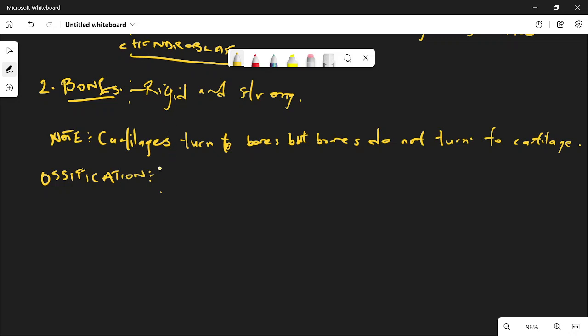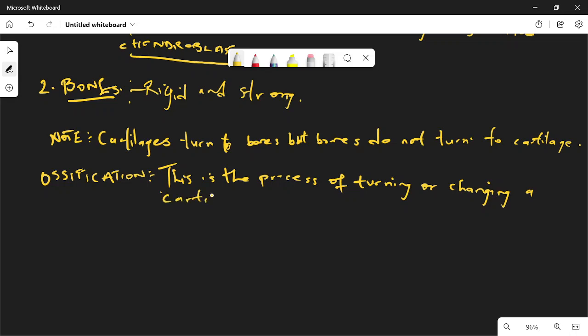This is the process of turning or changing a cartilage to a bone. The process of changing or turning a cartilage to a bone is what we refer to as ossification. Are we together? So cartilages, they are much softer than bone.